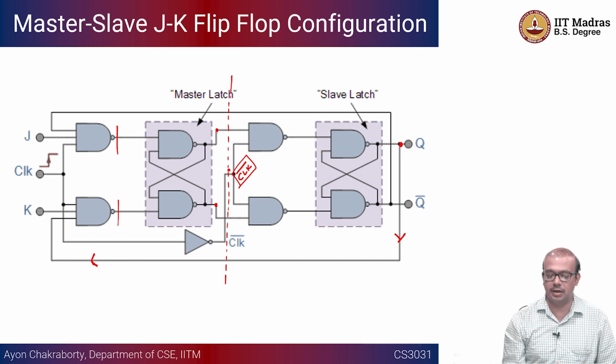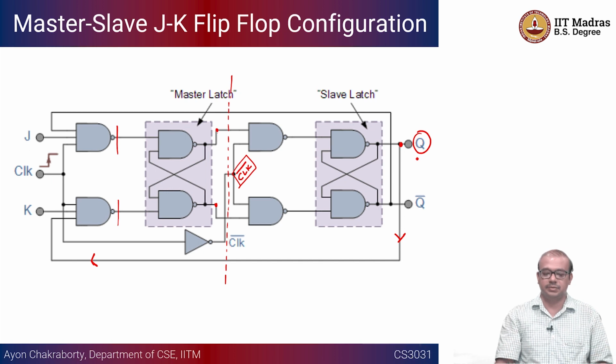This is going to make sure that whenever there is a clock edge and J equals 1 and K equals 1, Q is going to toggle only once. After that it will stop until it faces the next clock edge. If there is another clock edge, it will toggle another time. But that's the assumption.